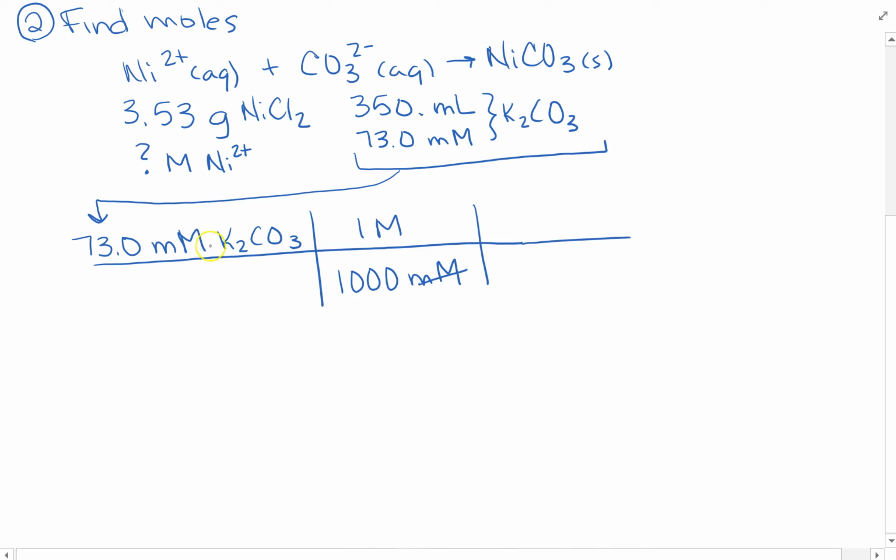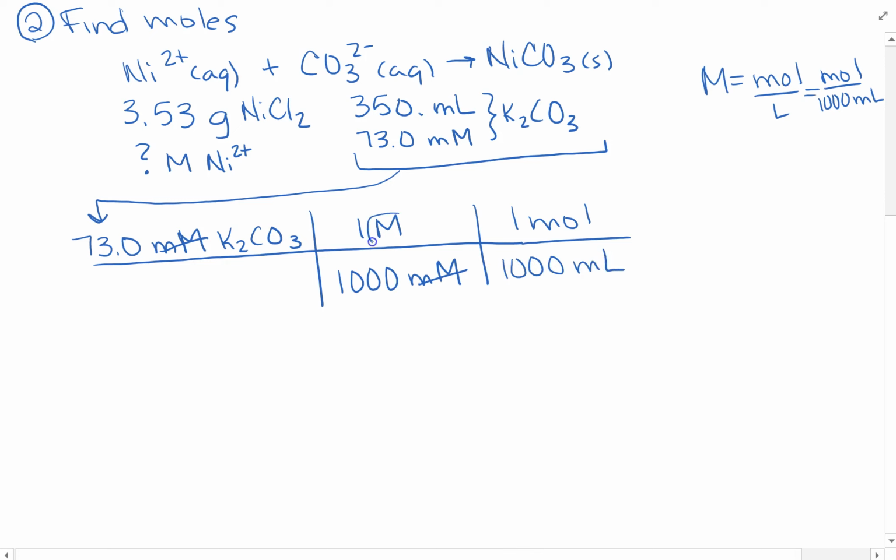Okay, so that gets rid of the milli part. But now I want to get rid of molarity, right? I know that molarity is the same thing as moles per liter, right? So big M equals moles per liter, which is the same thing as moles per 1,000 milliliters. Sorry, I'm running out of room, so I'm going to go ahead and just put 1,000 milliliters.